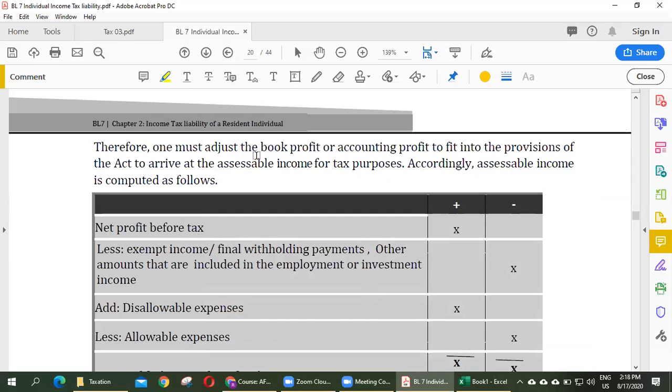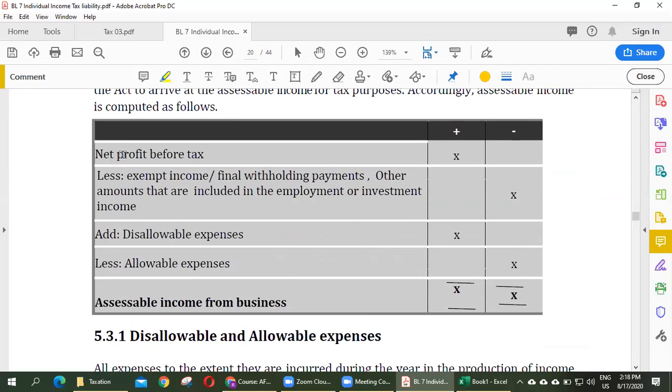One must adjust the book profit or accounting profit to fit into the provisions of the Act to arrive at the assessable income for tax purposes. Accordingly, assessable income is computed as follows. First, we take net profit as the accounting profit, and we deduct exempt income, final withholding tax, or other amounts, and we add disallowable expenditure.